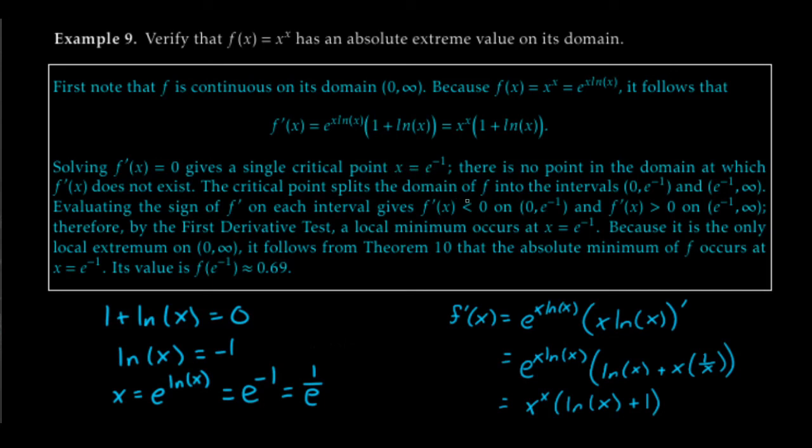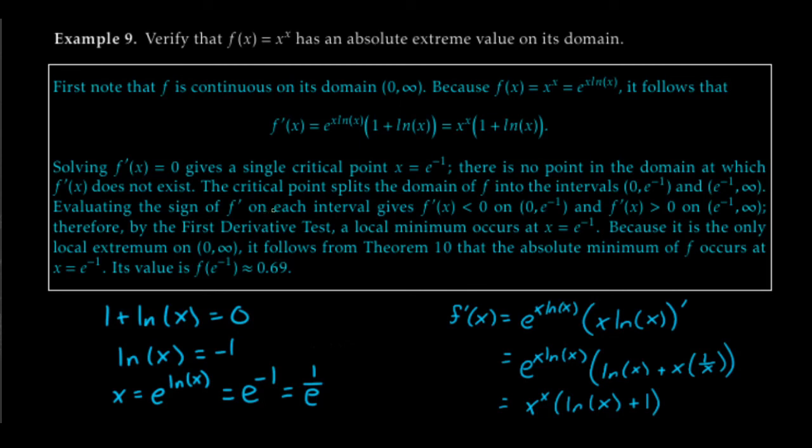Using our previous theorem, we can deal with this. Since there's no point in the domain at which f prime of x does not exist, and we have a unique critical point, the critical point splits the domain of f into the intervals 0 to e to the -1, that is 0 to 1 over e, and e to the -1 to infinity. Now we find out what the sign of f prime is on each of these intervals.